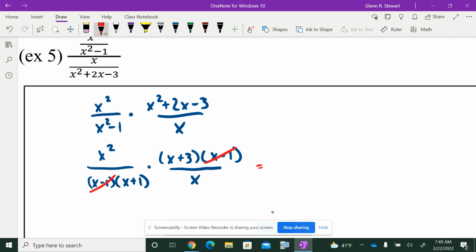Essentially, x squared is just saying that I have x times x. And if I have one of them on the bottom, I'm simply crossing one of them off on the top as well. So my answer would then read x times x plus 3 over x plus 1.